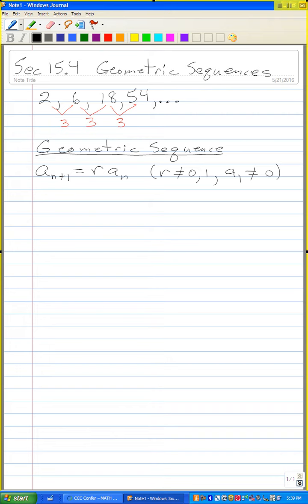And so, another way to characterize the geometric sequence is as follows.